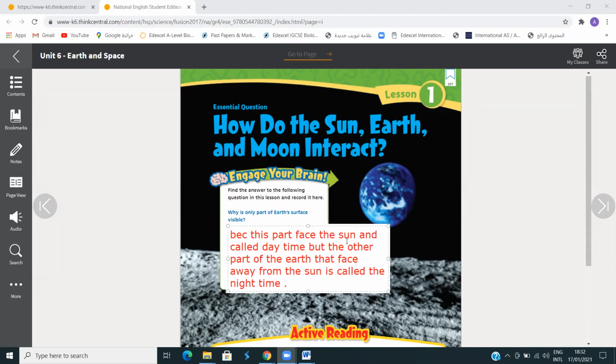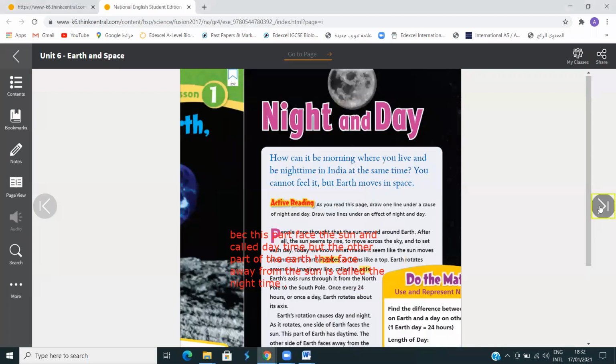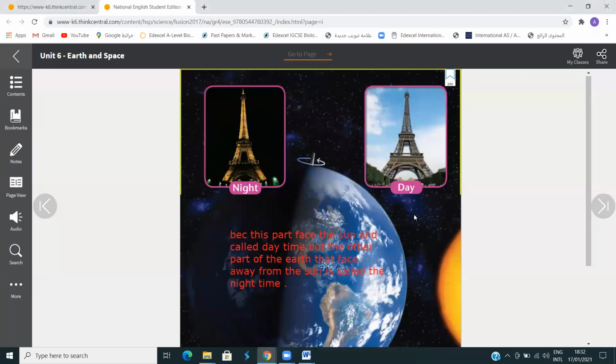Okay, my students, I think we finish here. If you look at the image here, you see the sun and the earth. That is the sun, that is the earth. In this image, you see that the earth revolves around the sun.